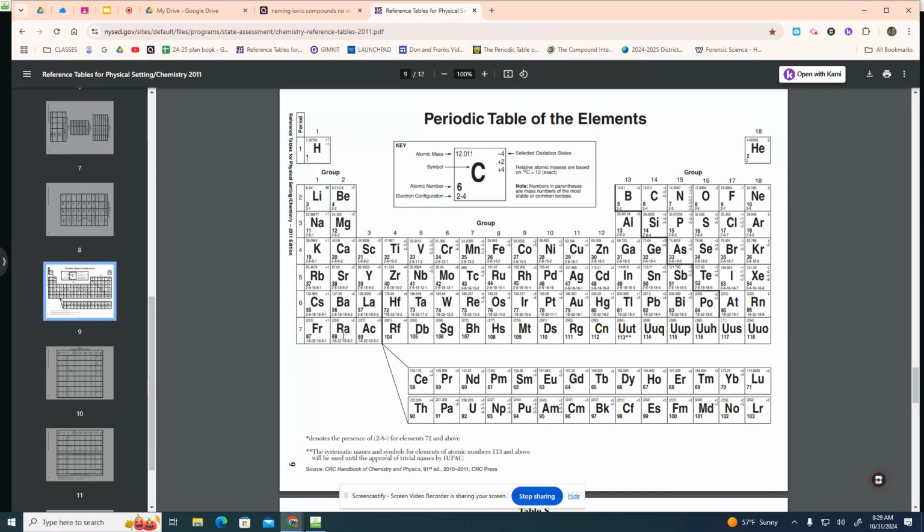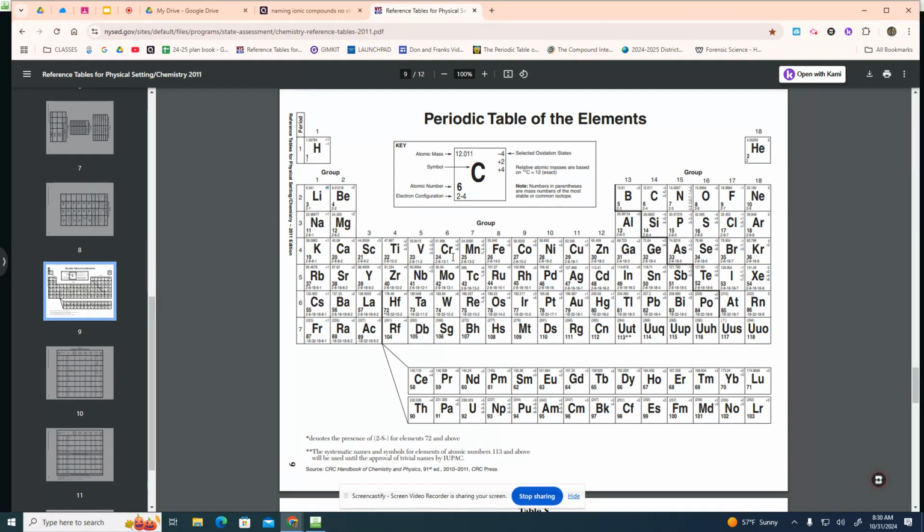That's not what Ryan's question was. If, however, I am using chromium and oxygen, because chromium has multiple oxidation states, I'd have to tell the person which oxidation number was being used in that particular formula. Was it chromium 2, chromium 3, or chromium 6? So it would either be chromium Roman numeral 2 oxide, chromium 3 oxide, or chromium 6 oxide.